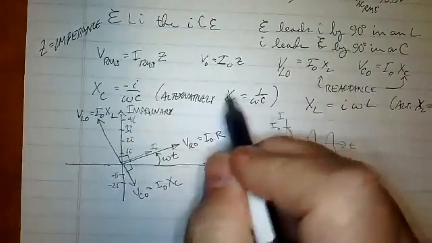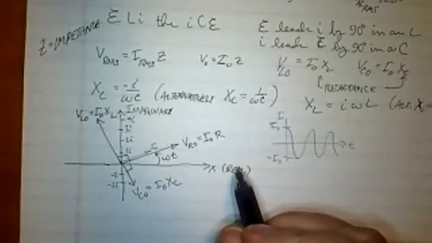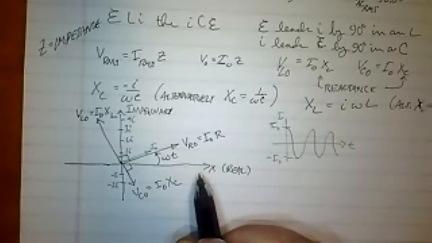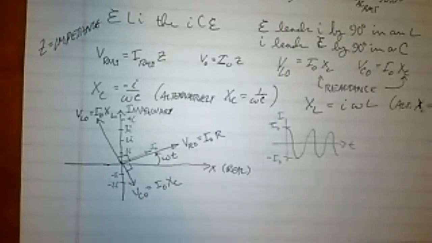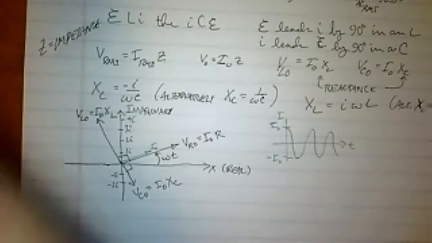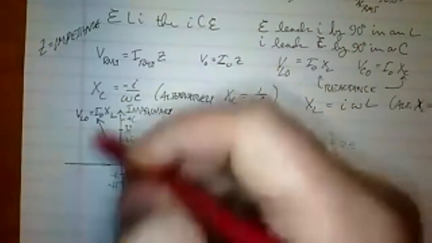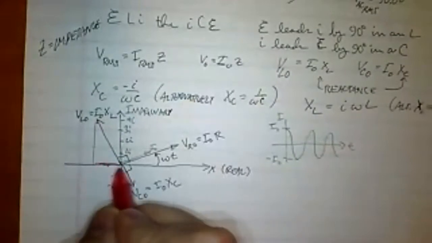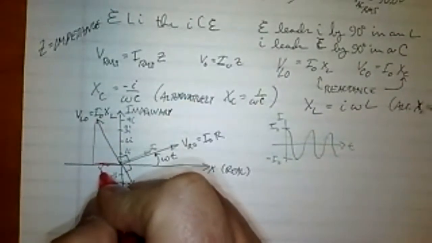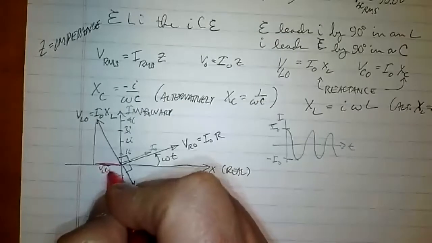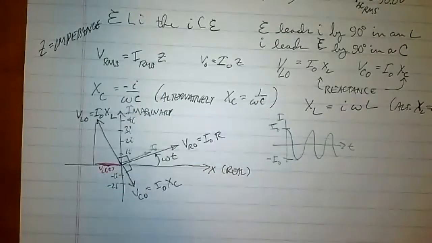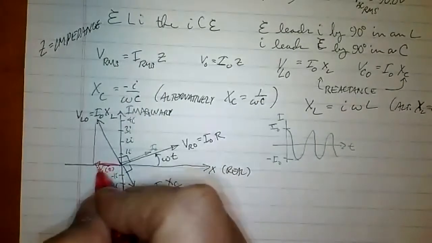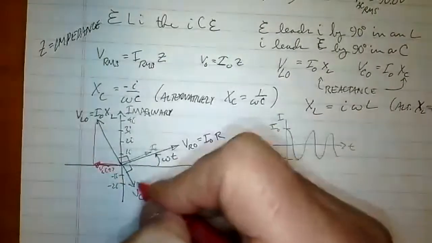So it takes care of the Eli the Iceman problem all on its own. If you want to know the voltage at any particular time across any particular device, you just find its component on the real axis. So this is VL as a function of time. And obviously that would be negative in that case.